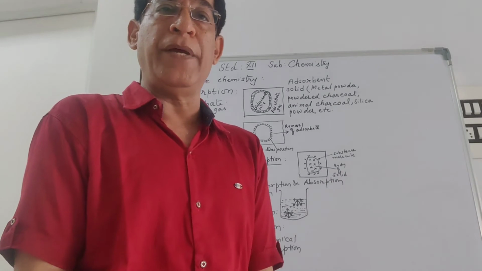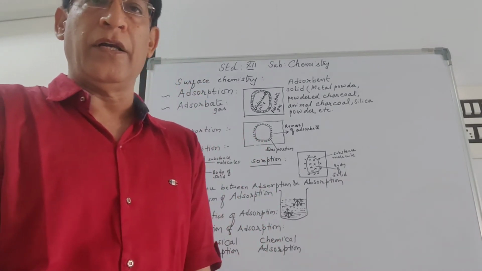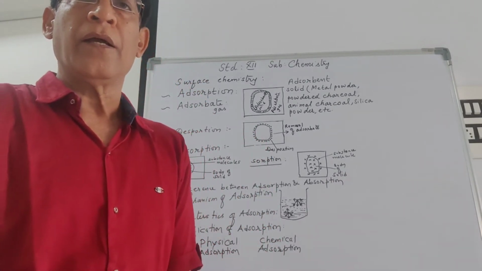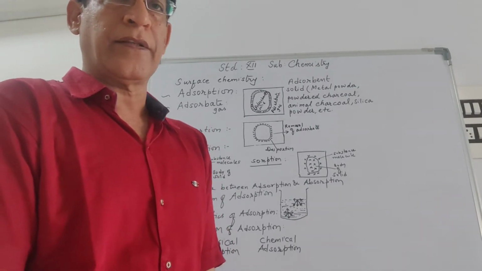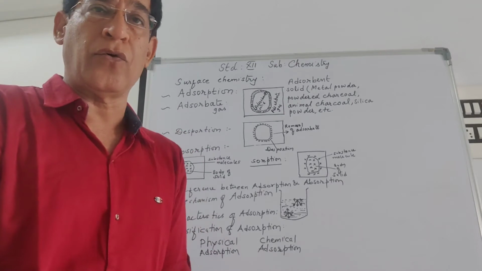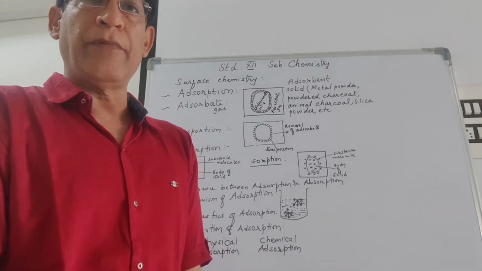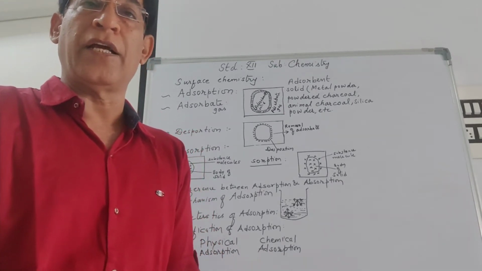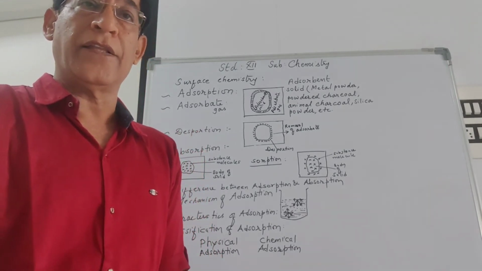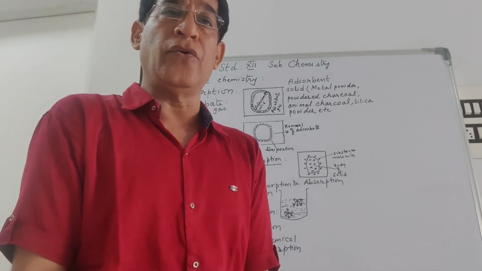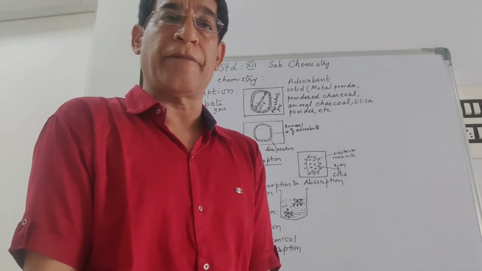Adsorbent may be a solid or liquid, as for example metal powders, powdered charcoal, animal charcoal, silica powder, etc. These are commonly used as adsorbents.